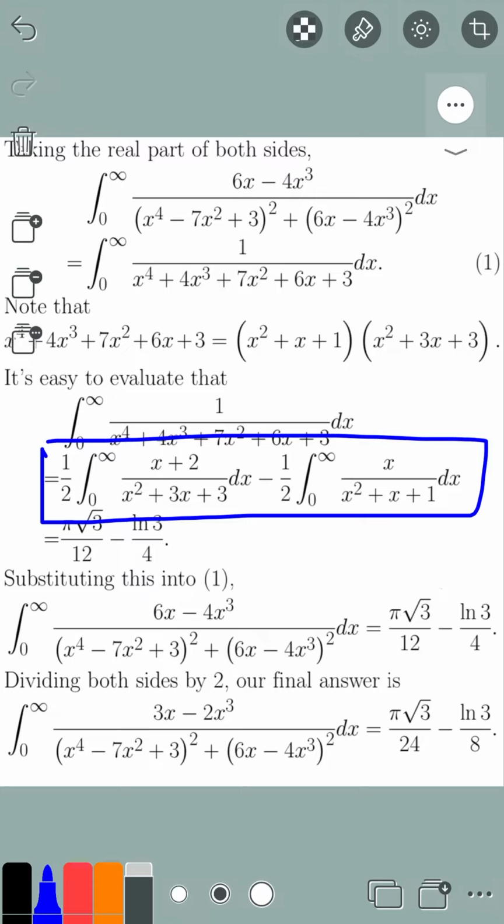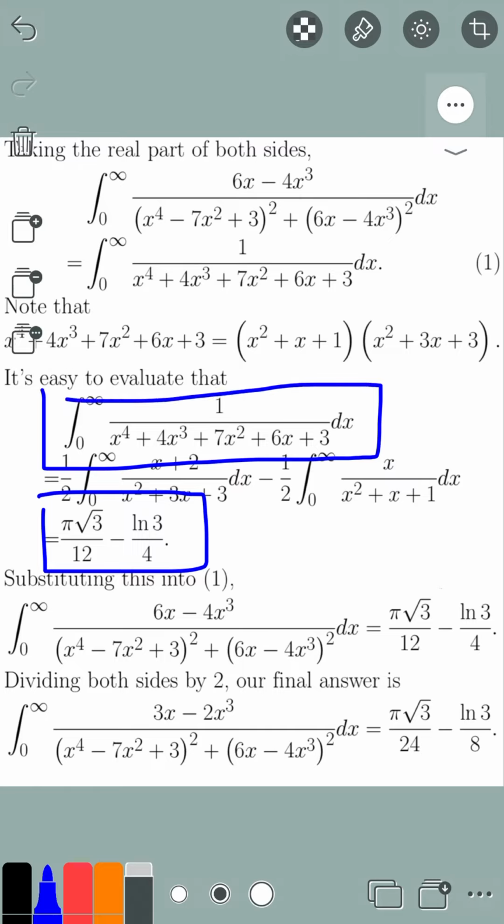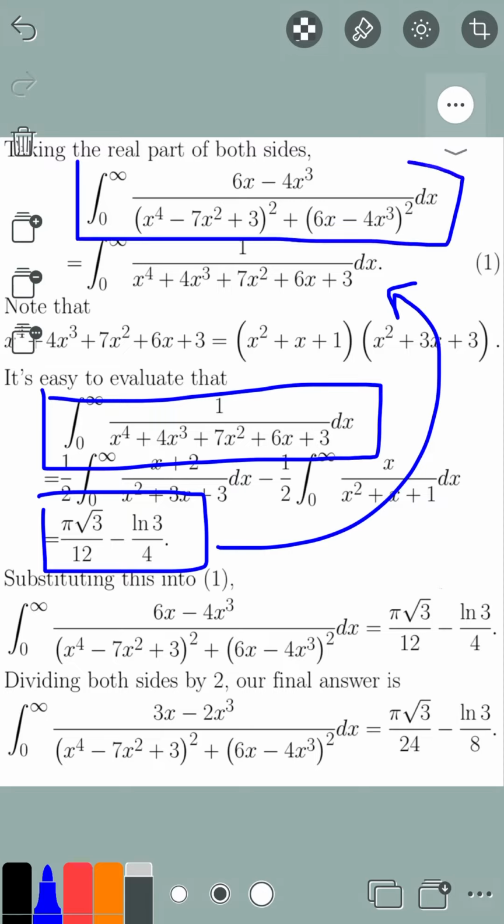It's just some basic calculus. And so we get the result is pi times square root of 3 over 12 minus natural log of 3 over 4. So this is the result for this integral, and we're going to substitute this into this equation and we get the result for this integral.